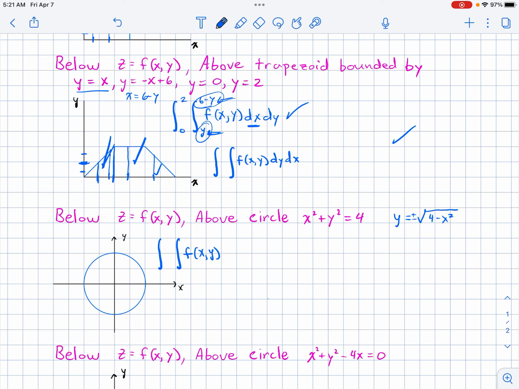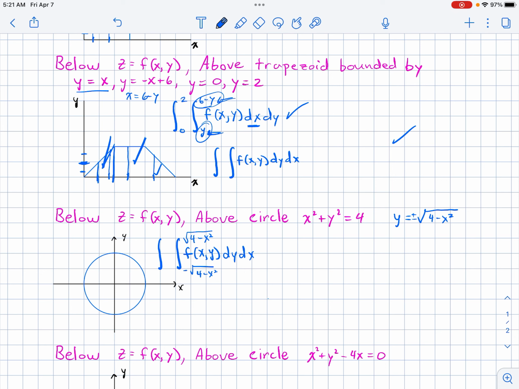If I just solve that for y, this is what I get. So if I integrate with respect to y first, notice what happens. I'm going from negative the square root of 4 minus x squared to the positive square root of 4 minus x squared.